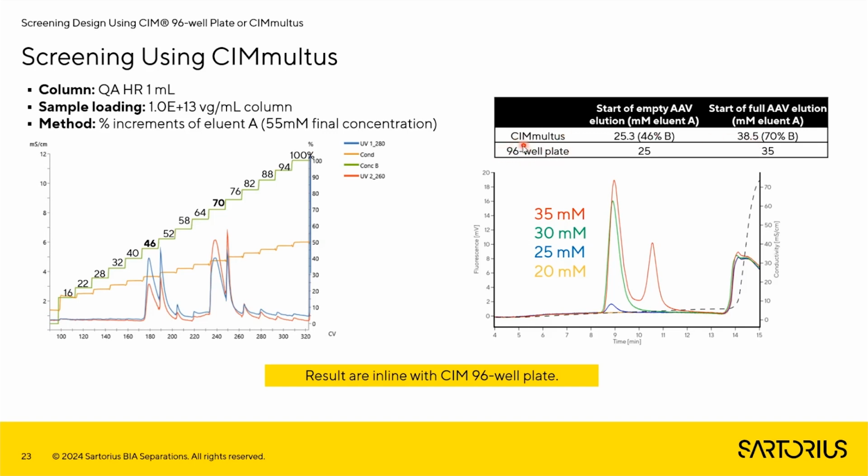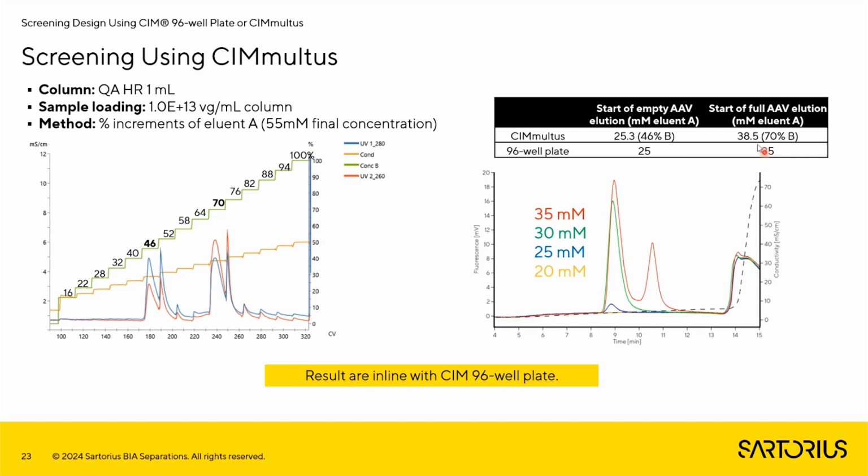When we compare those numbers to what was shown on the previous slide with the 96-well approach, we see that the data is in line. We get the same conclusions no matter if we go with the 1 ml column or the 96-well plate. We see the same starting point where empties will elute.